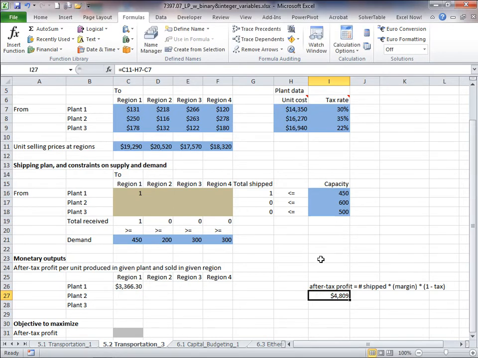So there's my margin. And then I'm going to multiply that by 1 minus my tax rate. And I get 3366.30. So doing it the long way, I get the same answer.